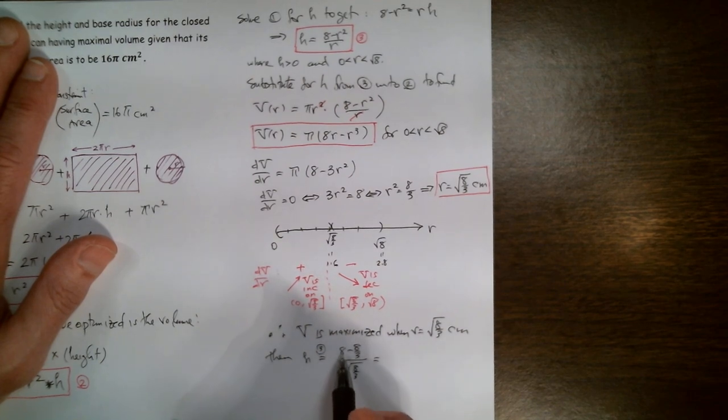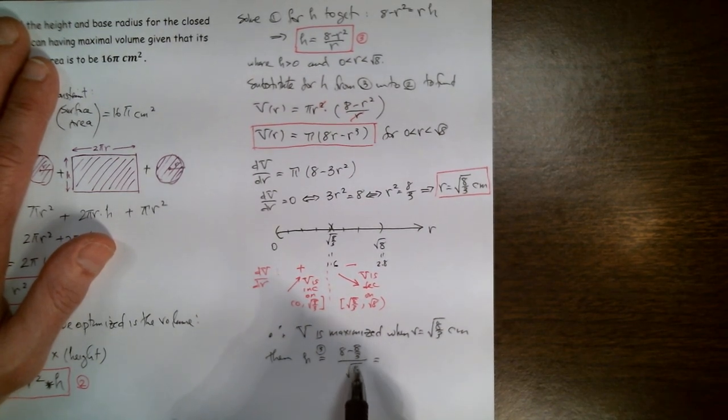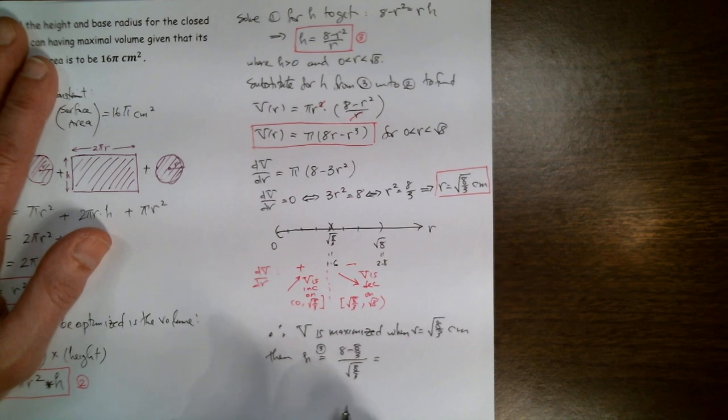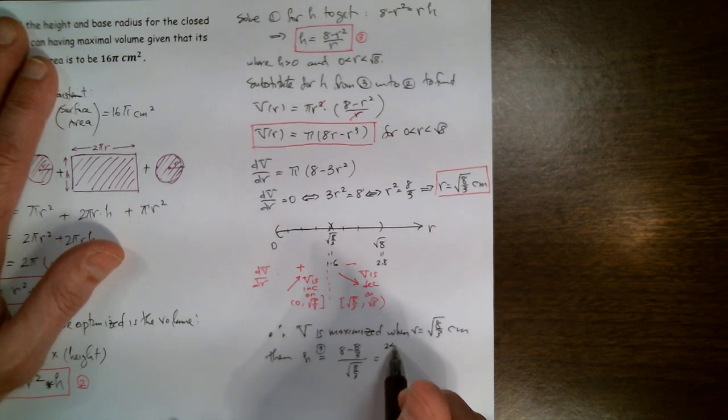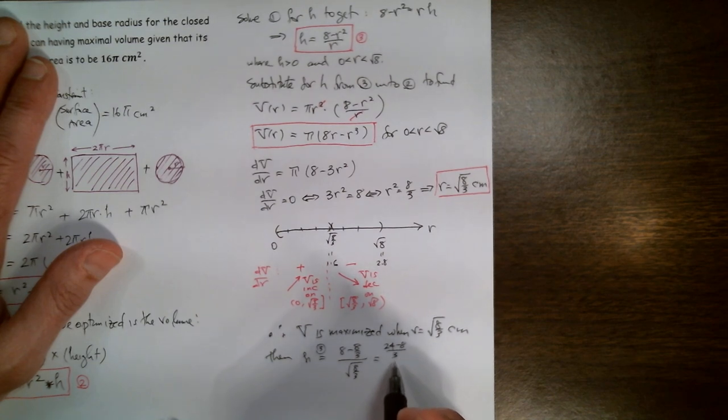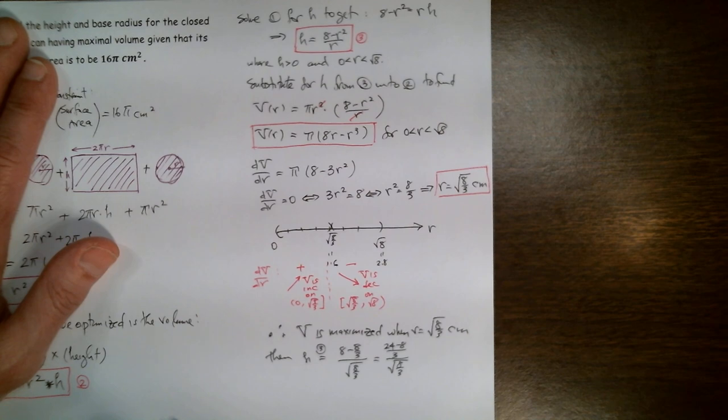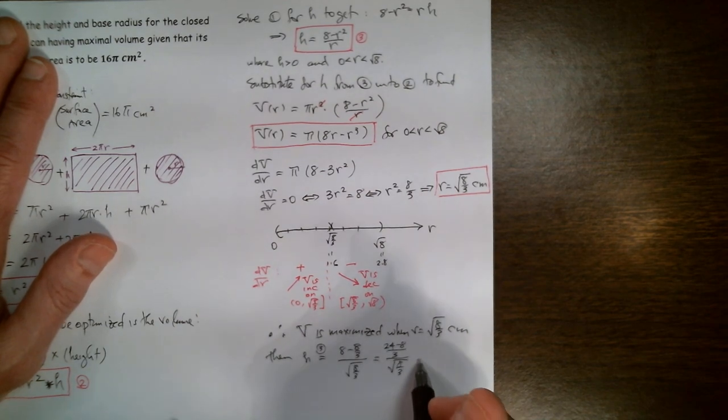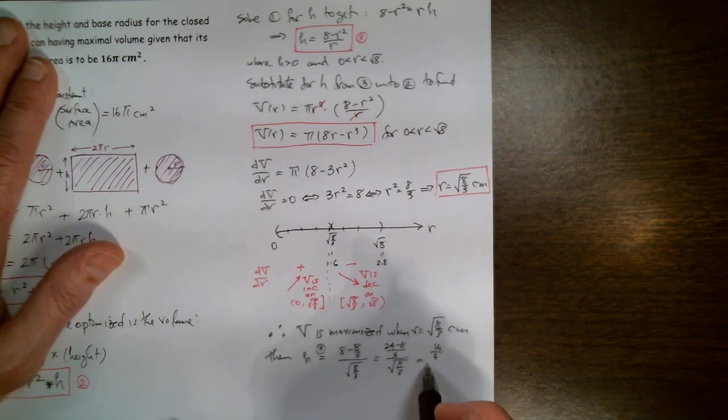Now, 8 is equivalent to 24/3. So let's replace the 8 by 24/3. So we get 24 minus 8 over 3, all divided by radical 8/3. So that would be 16/3 divided by the square root of 8/3.